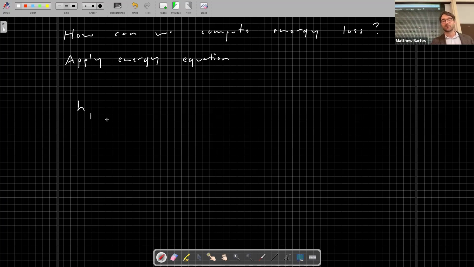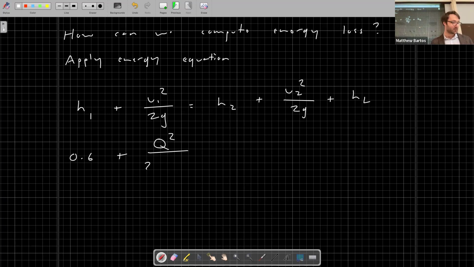So going from the upstream to the downstream end, we have H1 plus U1 squared over 2G is equal to H2 plus U2 squared over 2G plus the head loss due to that hydraulic jump. H1 is equal to 0.6. This expression here will have Q squared over 2 times G times B squared H1 squared, equal to 5.54 plus Q squared divided by 2 times G times B squared H2 squared plus the head loss.